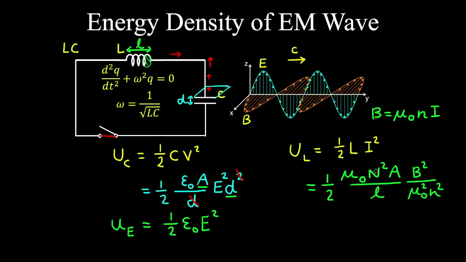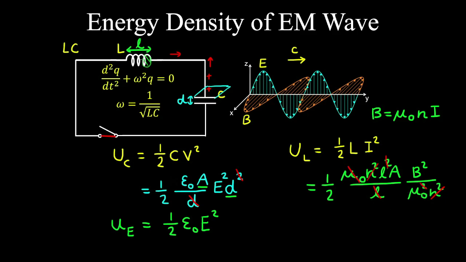And the number of turns is equal to the number of turns per unit length by the length of the solenoid. So that would be n squared L squared. And now we can cancel n squared and one of the L's and one of the mu naughts.